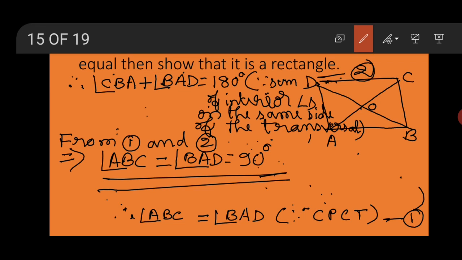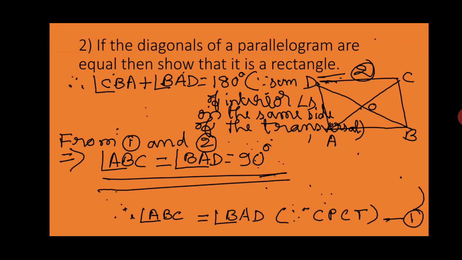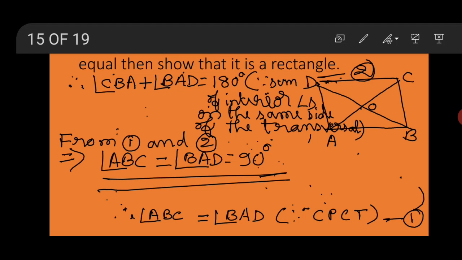Yes. Now if these two angles are 90 degrees, then we can easily say opposite angles are also equal. Therefore, what about angle C? Angle BCD is equal to 90 degrees.